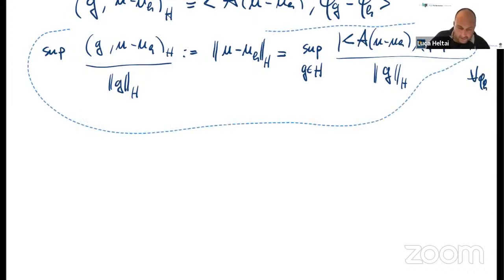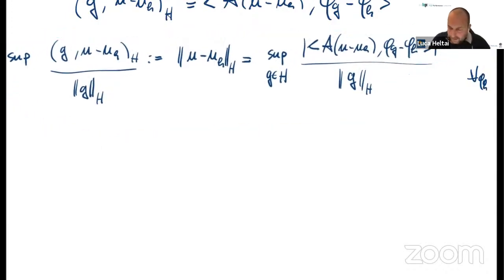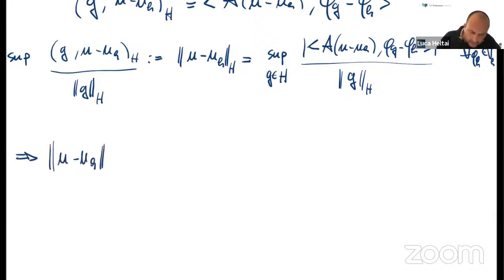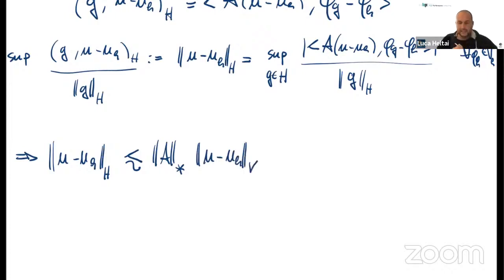So let me just move this back. For every pH in the space VH, and for this we conclude exactly that the norm of U minus UH is controlled by the norm of A star, the norm of U minus UH in V, and then the infimum.